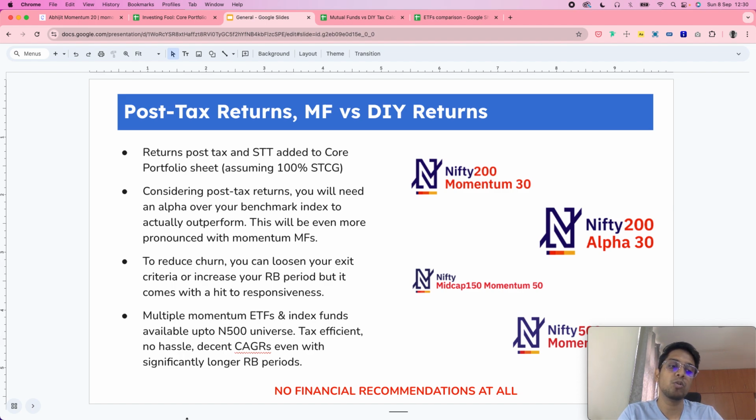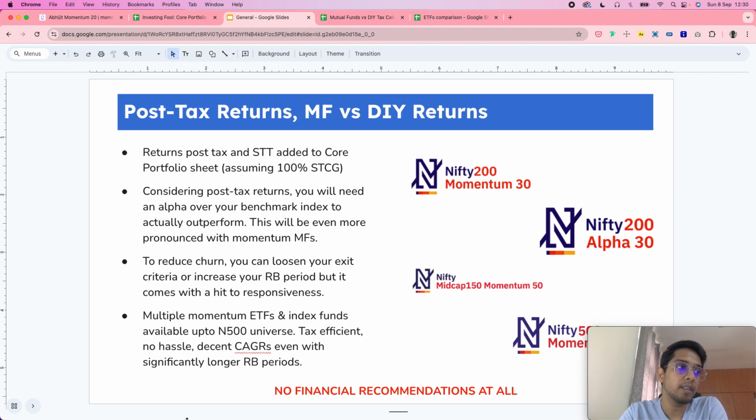So you have to have some alpha over them in order to rationally justify it. I will be following this portfolio for multiple years before I take a call, even with multiple market cycles. If we are not able to come anywhere close to the established indices that NSE has created, then it doesn't make any sense as a financial person to continue DIY investing.